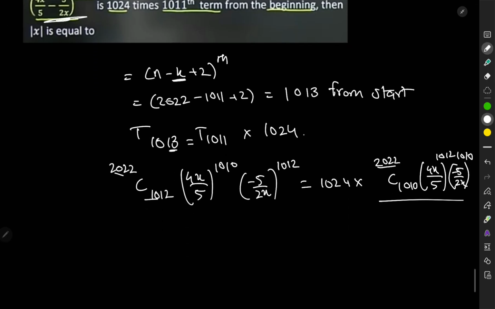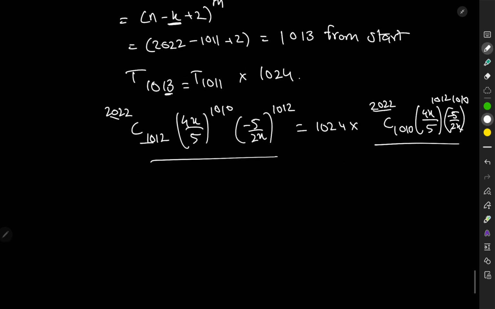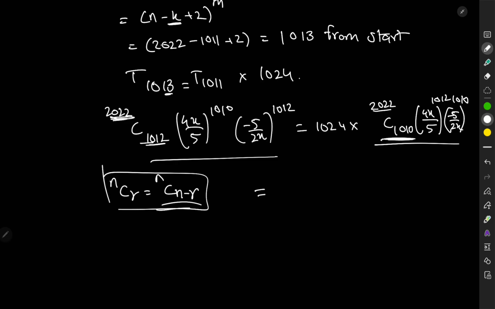So we have got this one equation, fine. From this, can I say, if you observe a relation, fine. So let's take this is nCr, and what will be n minus r? This will be this, right? So these both are equal as per this formula, so I can cancel this.